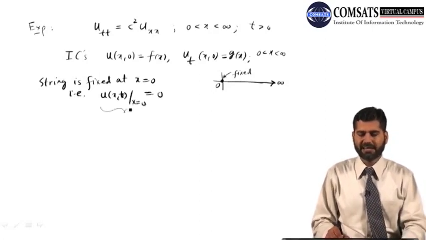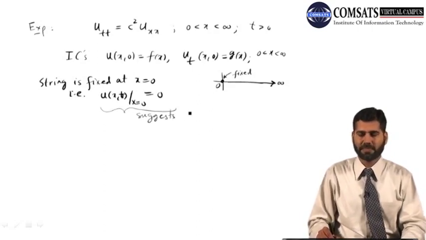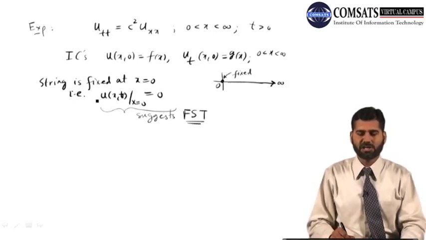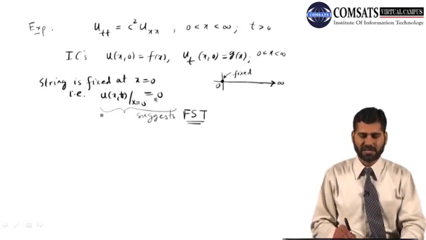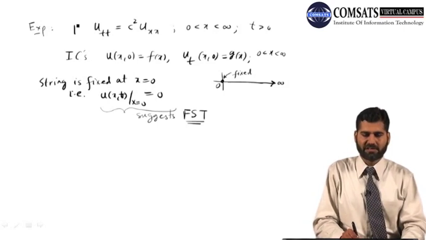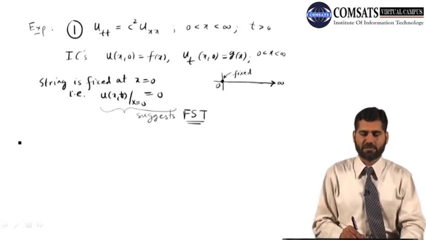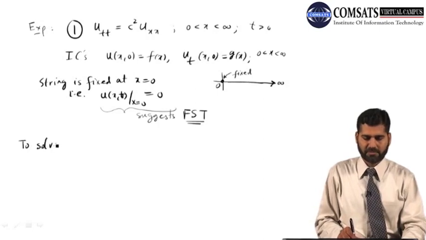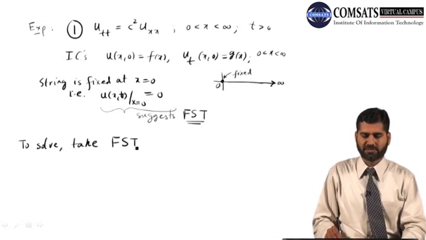Now again this suggests Fourier sine transform, not the cosine. Because for Fourier cosine transform, I need partial u by partial x at x is equal to 0 equal to 0. Alright, so to solve, take the Fourier sine transform of the equation.